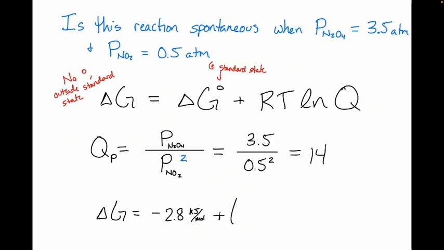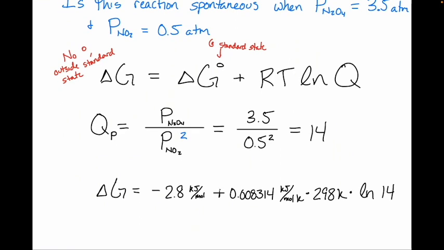So when I add R times T, I'm going to use that kilojoule value for R, times the temperature, times the natural log of 14. Everybody take a second, make sure you can find that natural log button on your calculator, usually located right next door to the regular log button.